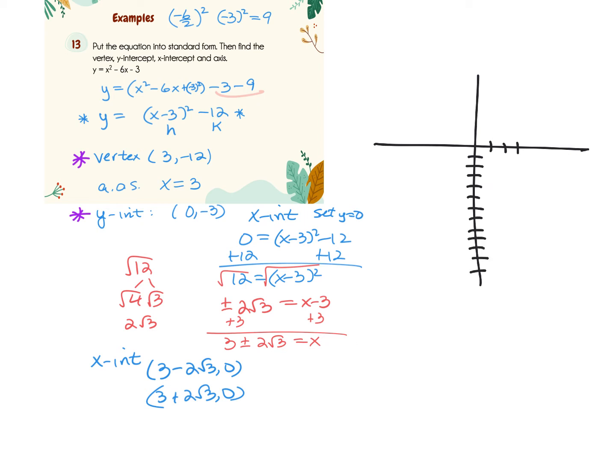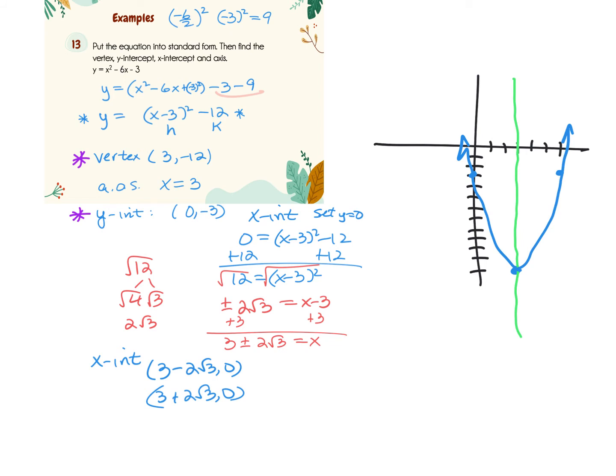So my vertex is located right here, and my y-intercept was located at 0, negative 3. Again, I could draw in my axis of symmetry, and we can see that the y-intercept is 3 spaces away to the left. So I could go 3 spaces away over here, and now I can connect my points.